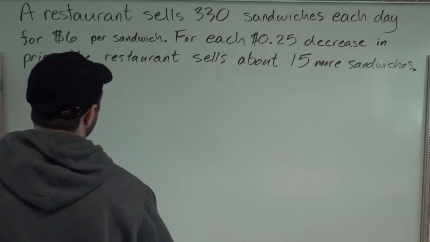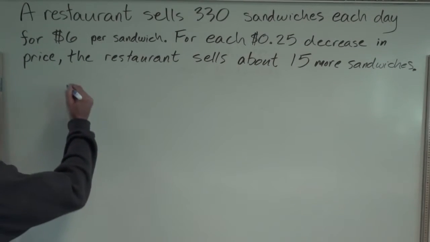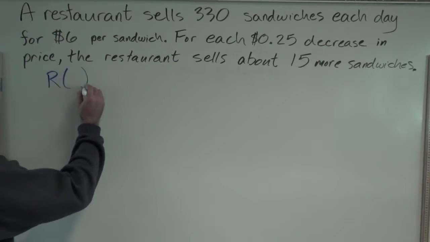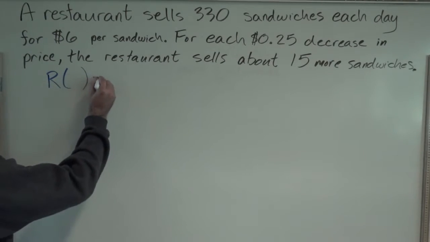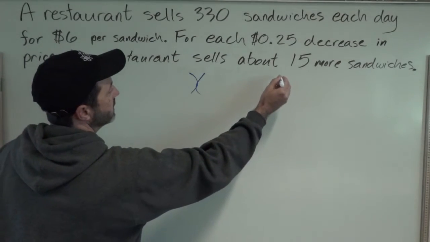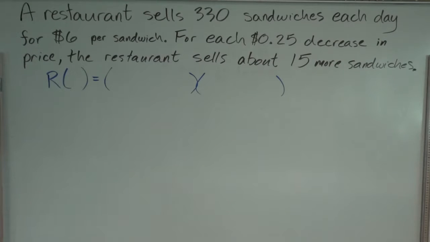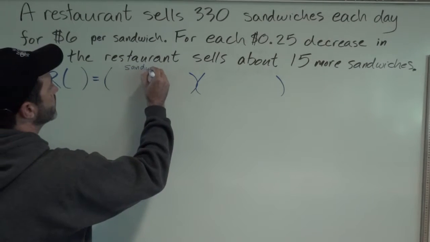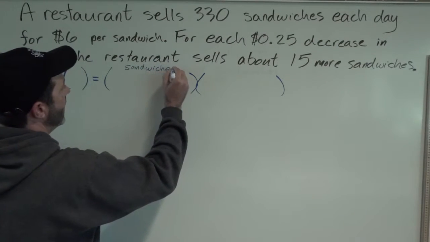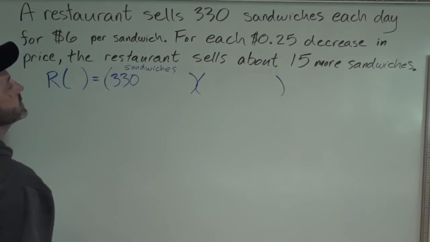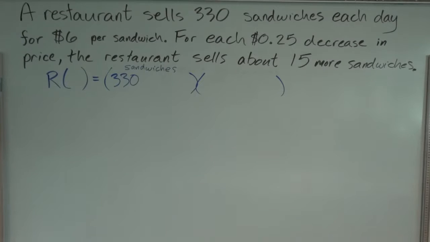So I want to start off with the revenue function. I'm going to use a capital R, okay, and that revenue is generated by calculating with two things. The first thing is the number of sandwiches. And currently, we're selling 330 sandwiches a day.